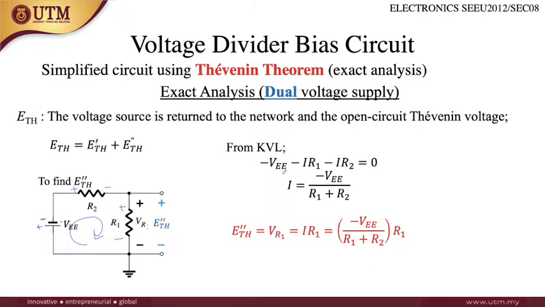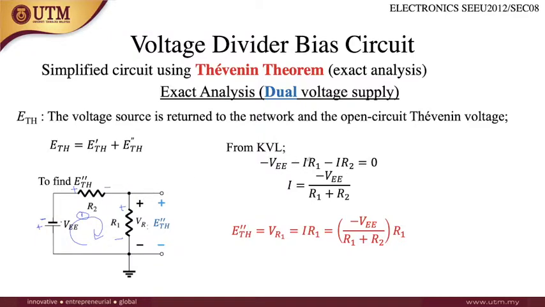Since I'm choosing this loop, minus VEE, since the current comes out from minus here, minus VEE, minus the current flowing through R1, and then minus I times R2, equals 0.